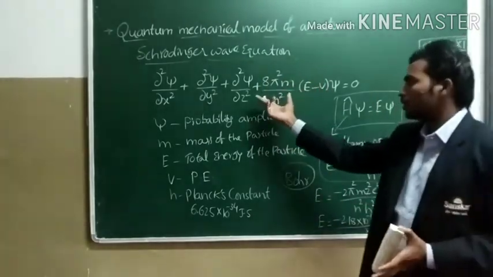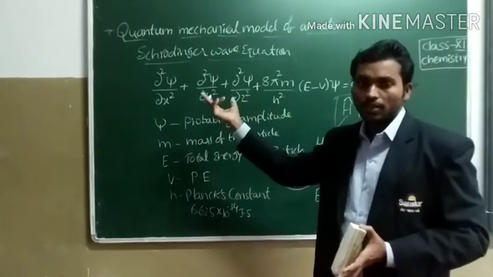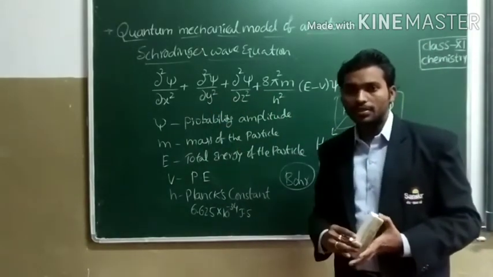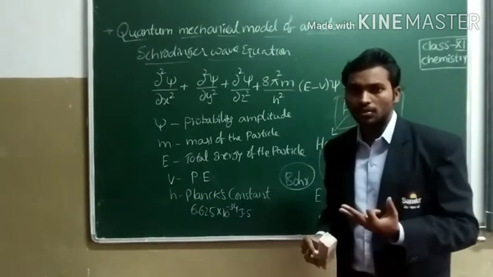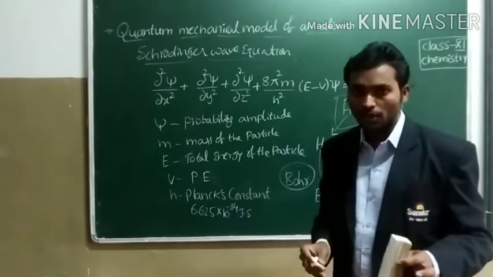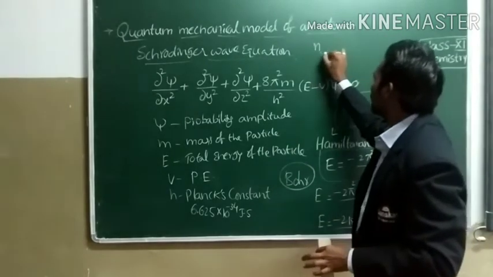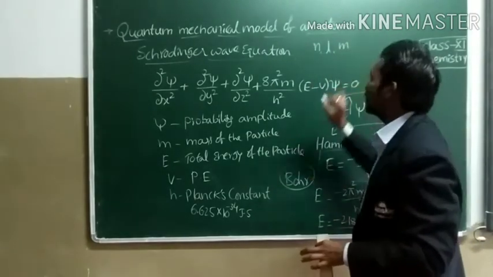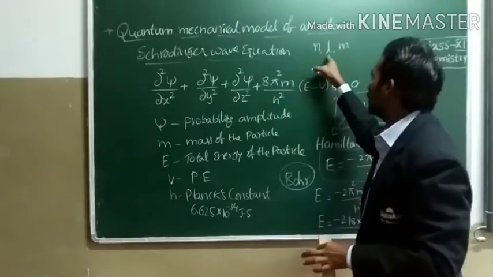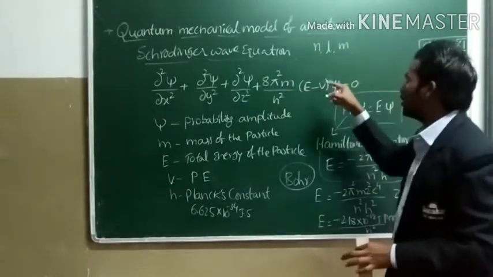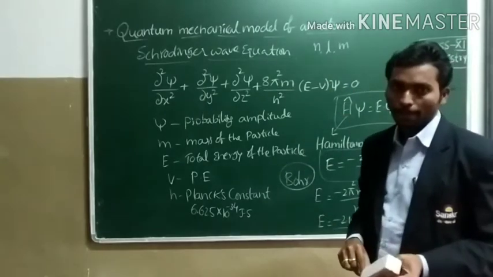And when we solve the Schrödinger wave equation, the solution produces three constants. Those constants are called quantum numbers, denoted by n, l and m. n is called the principal quantum number, l is the azimuthal quantum number, m is the magnetic quantum number.